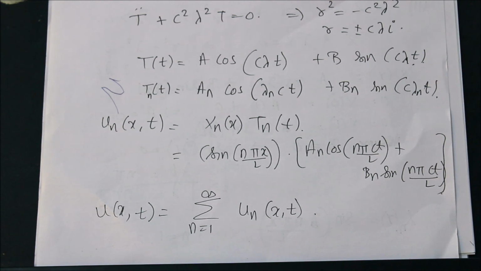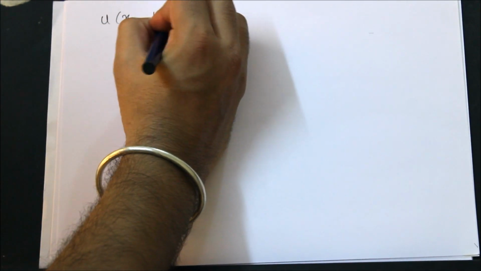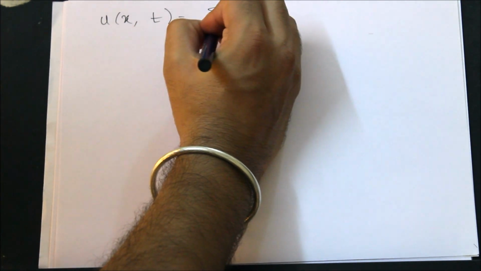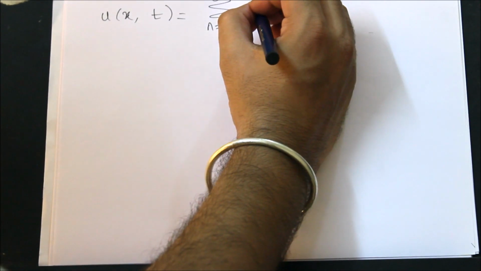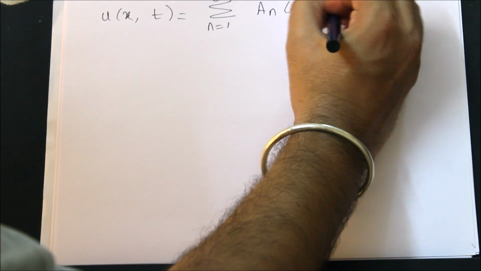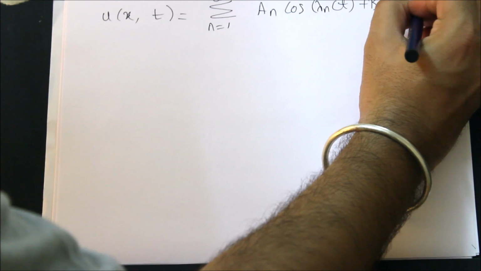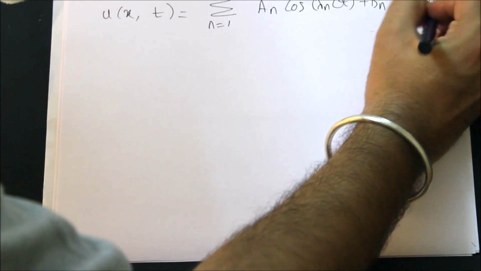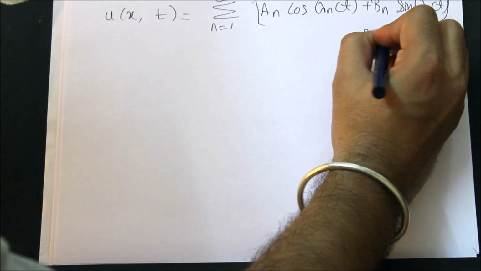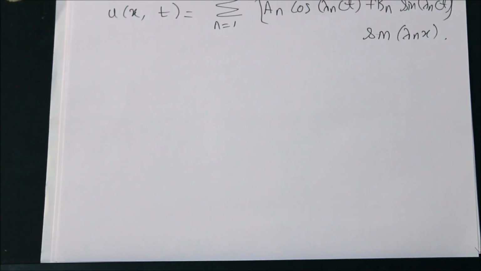So what is my solution finally? My u(x,t) is nothing but the summation, n runs from 1 to infinity, of A_n cos(λ_n ct) plus B_n sin(λ_n ct), whole multiplied by sin(λ_n x). Now the question arises, what are my A_n's and B_n's?